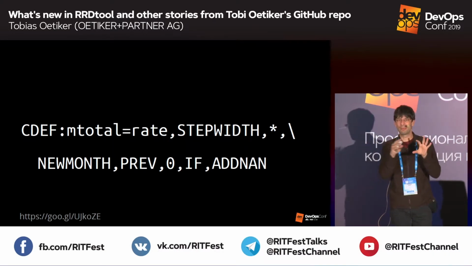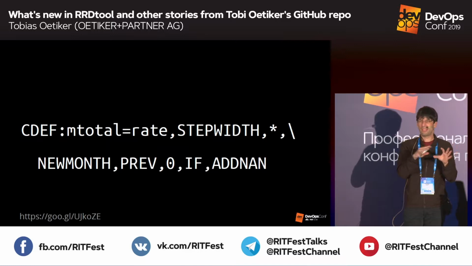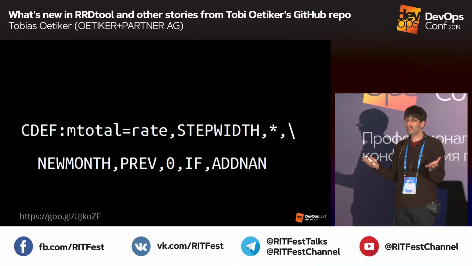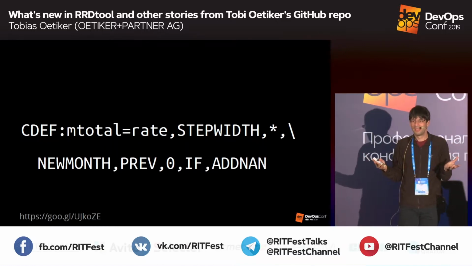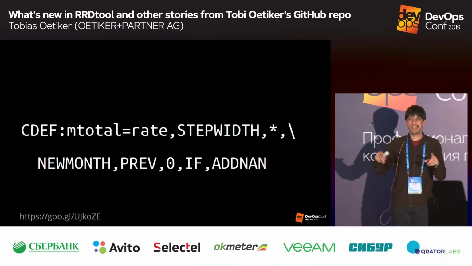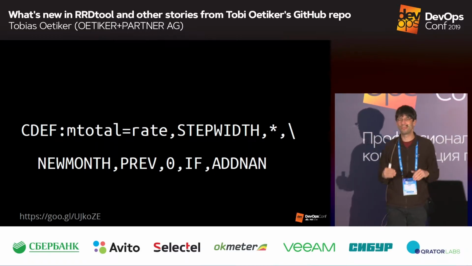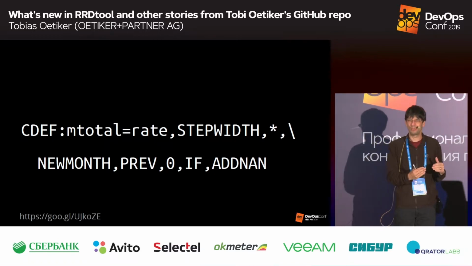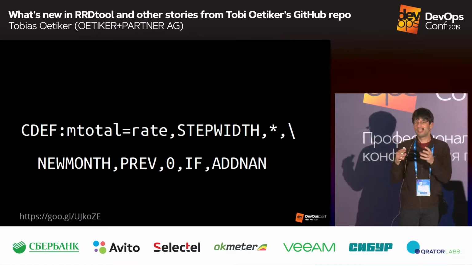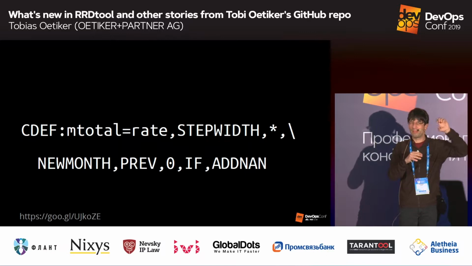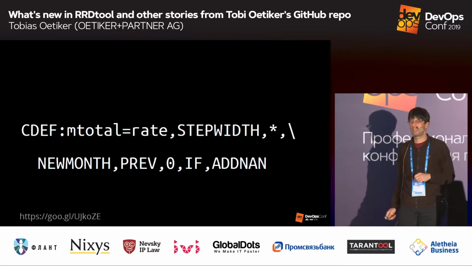So you can have little programs. Anyone used an HP calculator at some point? So it's those calculators, that idea is built into the RRDtool graph module. So you can use this reverse Polish notation math language to apply mathematical operations on your sampled data and then produce that as the output.